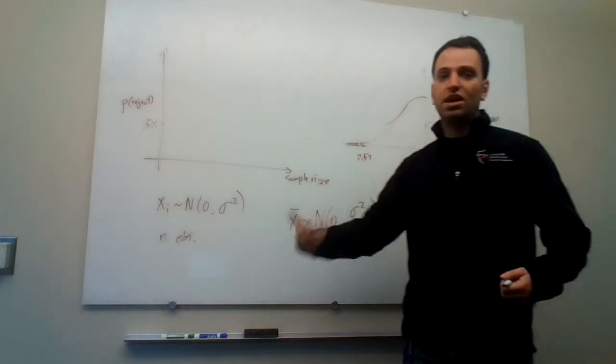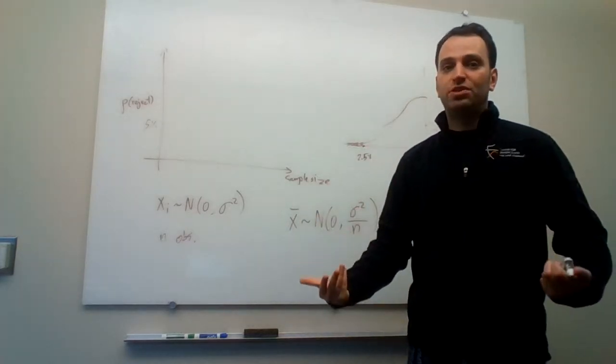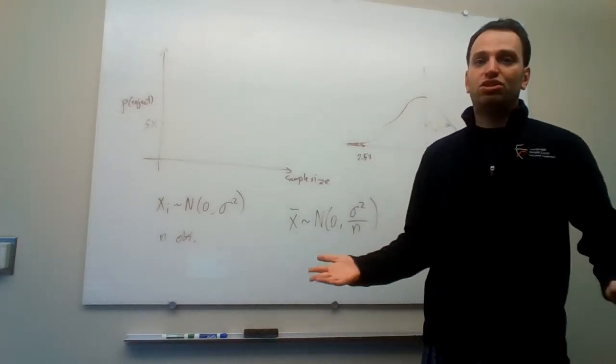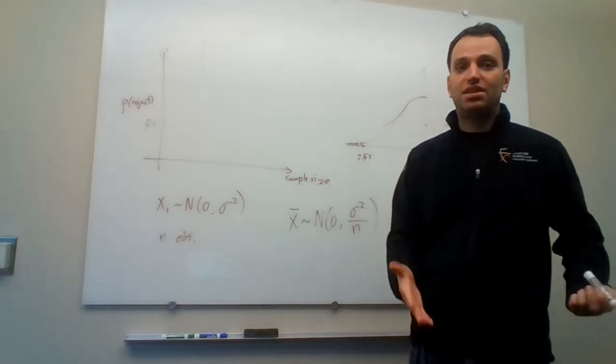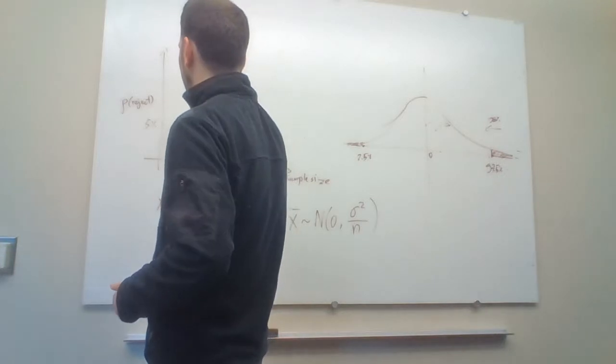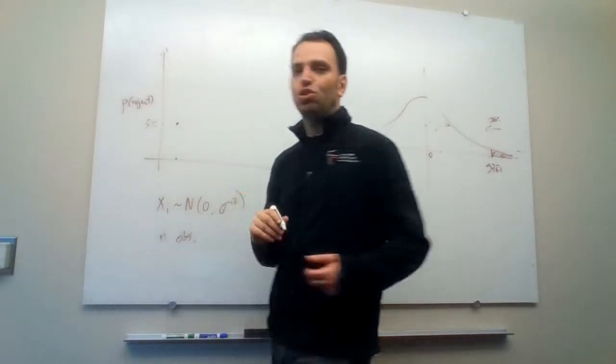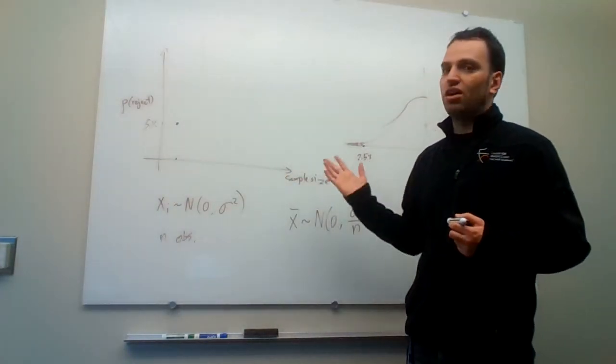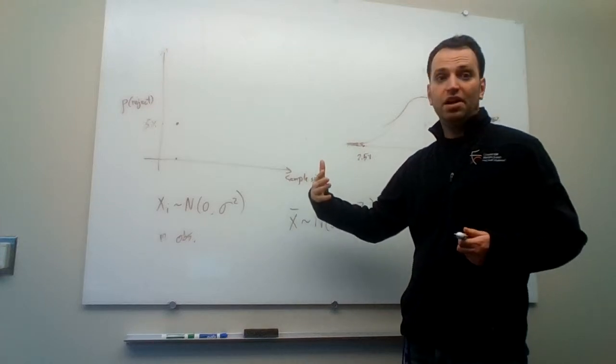So 5% of the time you'll get an observation that has a p-value associated with it that's less than 5%. So for n equals 1, you would be rejecting the null hypothesis 5% of the time.